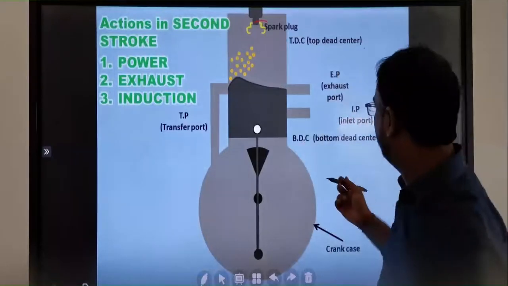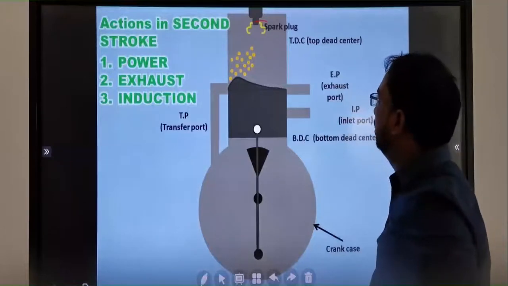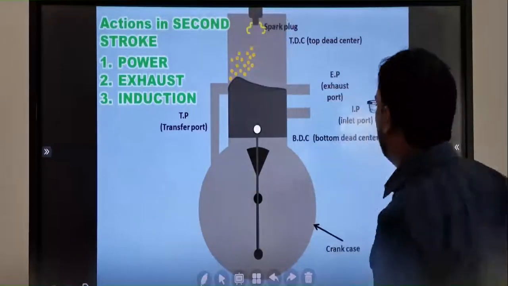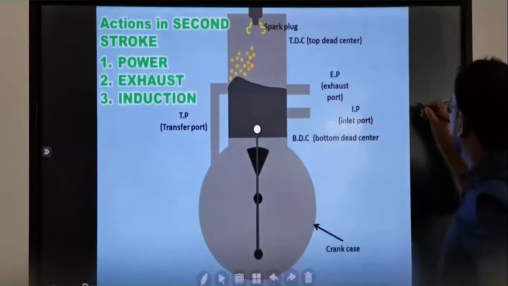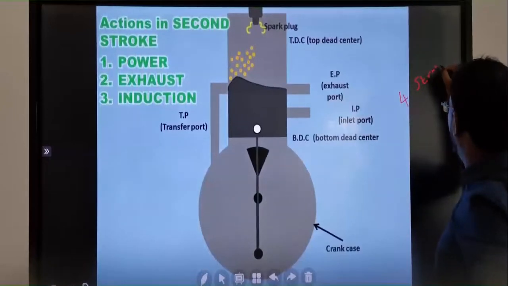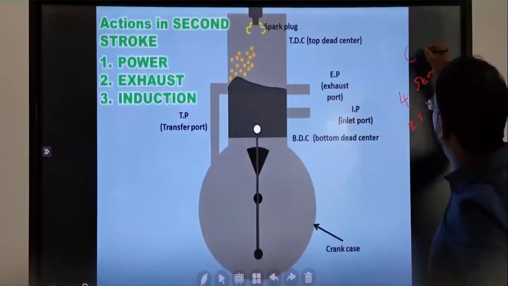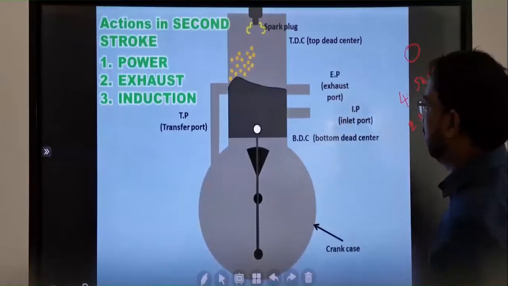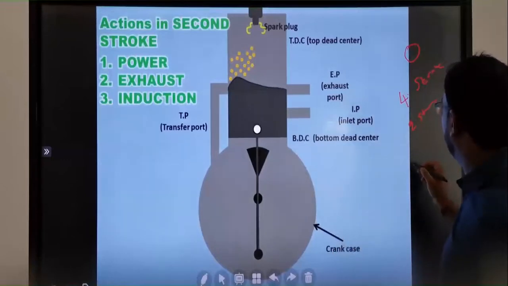So what are the advantages and difficulties of this engine? First, this type of engine is very powerful compared to a four-stroke engine, because when the four-stroke engine gets one power stroke, this two-stroke engine gets 2 times the power.